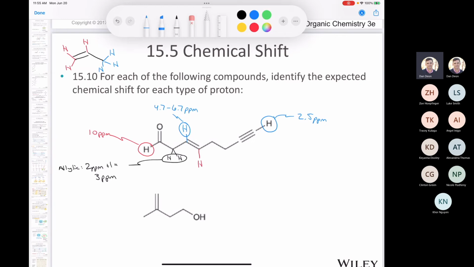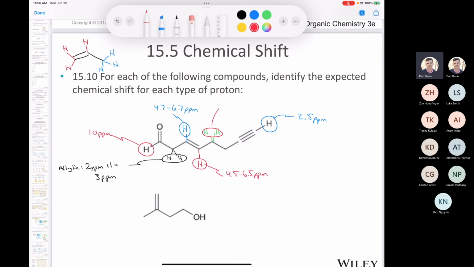If we go to this vinylic proton here, rather, where's my red pen? Let me see here. There we go, my red pen. This one here is vinylic. It's not alpha or beta to a carbonyl. So we could just put here 4.5 to 6.5 parts per million. Here, I'm going to use my green pen just for a second. These two are allylic protons. So we have allylic protons here. They're not alpha or beta to anything.